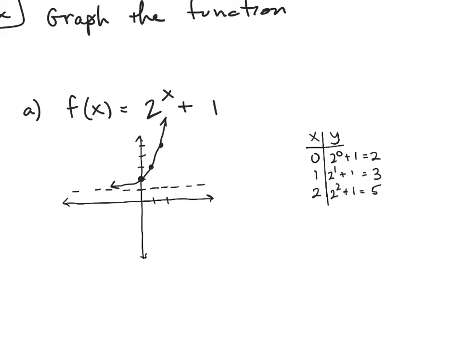Okay, and that's the graph of the function 2 to the x plus 1. Now the domain of this function is all real numbers. We can use any negative x value as an input, and we can use any positive x value as an input. So the domain is all real numbers.